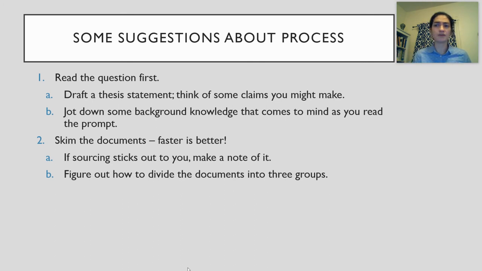But as you're reading, if you notice that documents 1, 3, and 4 all seem to address an economic consequence, whereas documents 2 and 5 all seem to address a social consequence, then you might want to start making note of just what they have in common. There's always going to be a bunch of different ways to do this right for any given DBQ and set of 7 documents. So don't freak out if it doesn't seem immediately obvious to you, or if it seems like there's a couple different good ways of grouping. Just figure out a way that you can do this.